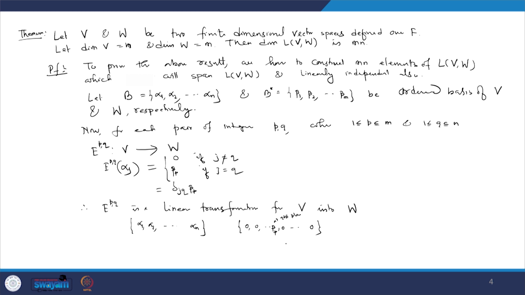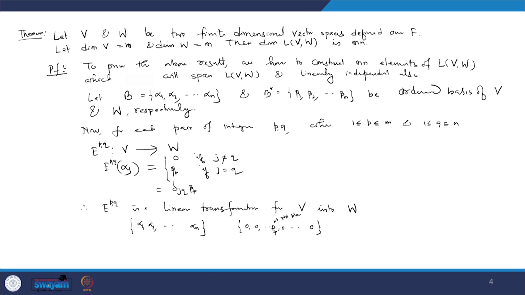This is a subset of W, that is a subset of V, and this subset is linearly independent. We know there is a unique linear transformation mapping alpha i to this set. I mean if I consider gamma 1, gamma 2, ..., gamma n, then there is a linear transformation mapping alpha 1 to gamma 1, alpha 2 to gamma 2, like that.